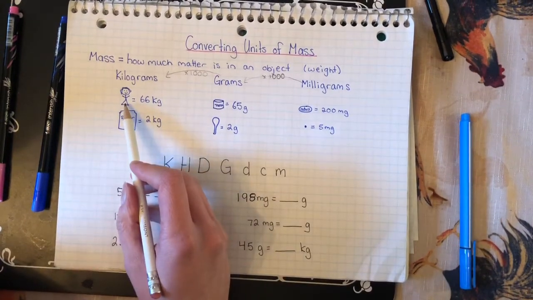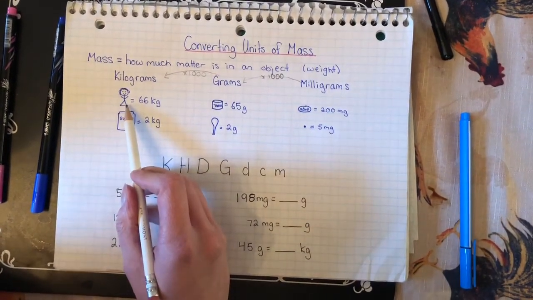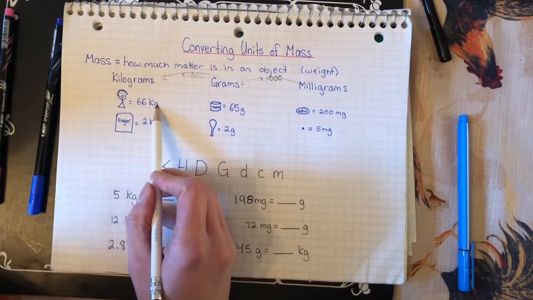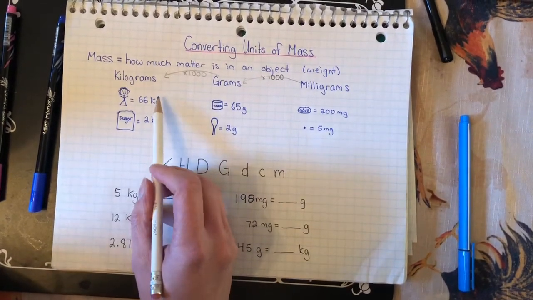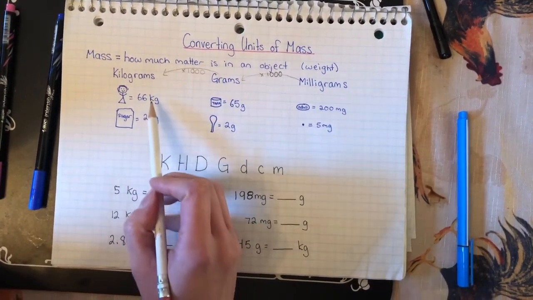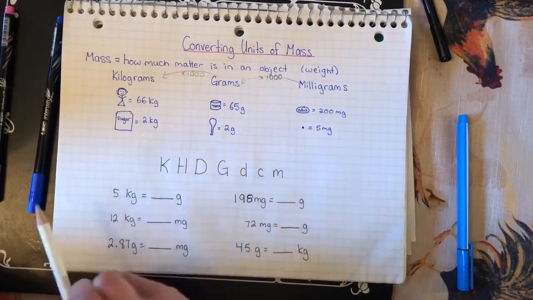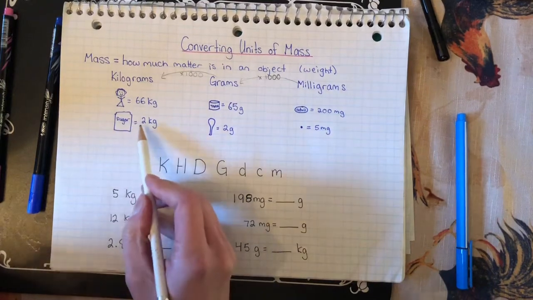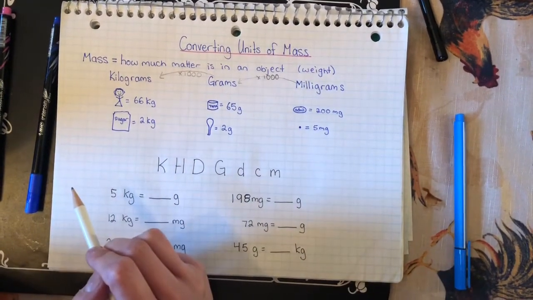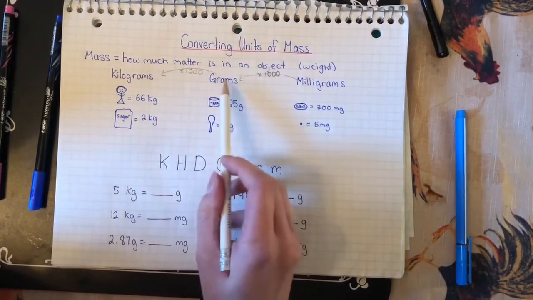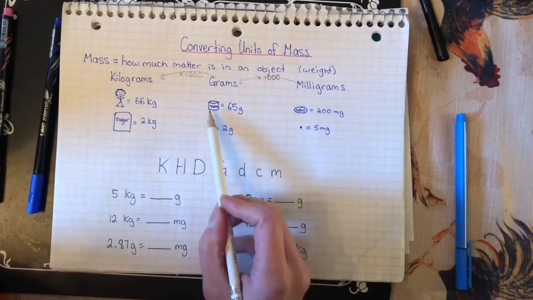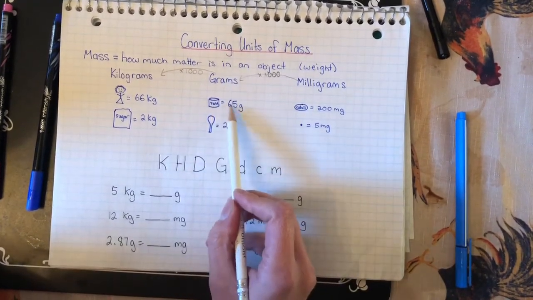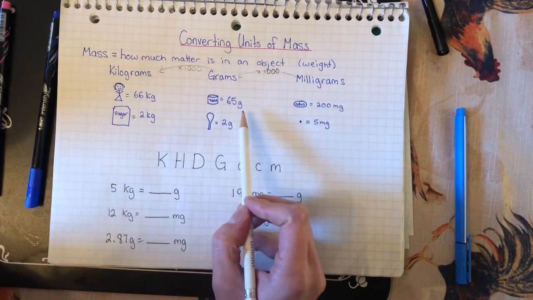So let's look at some objects and what we would use to measure each one. This is Miss Lauren, it's me. I weigh 66 kilograms. So you can picture how big I am. Another example is a bag of sugar for baking, which is 2 kilograms. Now let's compare with grams. A can of tuna is 65 grams.